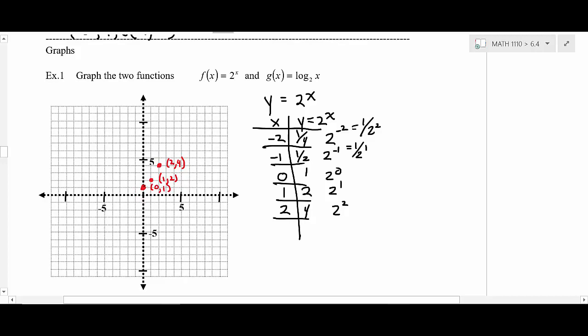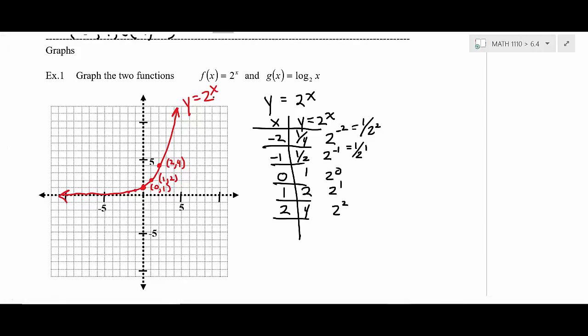Now what happens is the graph turns up and goes like that, and then it just levels off at the x-axis. So if you have negative 1, 1/2, you got that. Negative 2, 1/4, you just want to show that the graph is approaching the x-axis. So that's the graph of y equals 2 to the x. And that's an easy table of values to make.